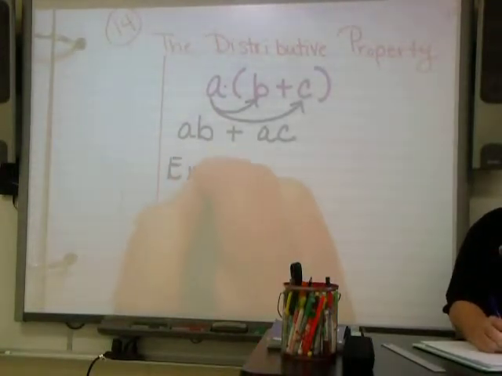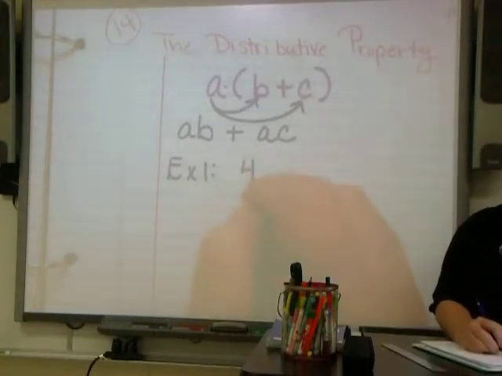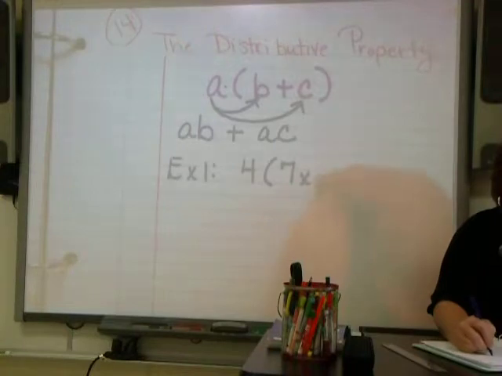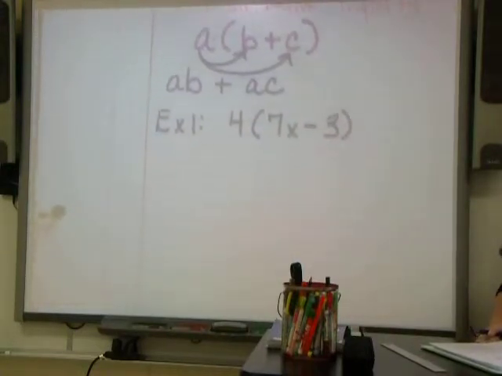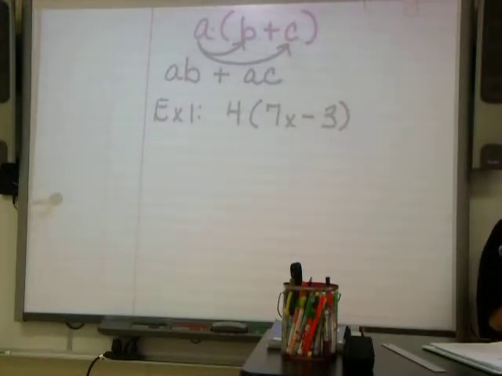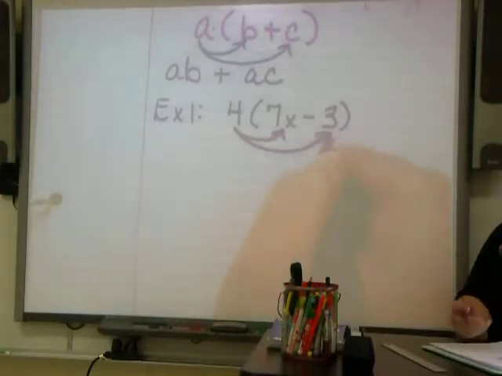Example 1. Four times 7x minus 3. Remember that we're going to give the 4 to the 7x, and we're going to give the 4 to the 3.